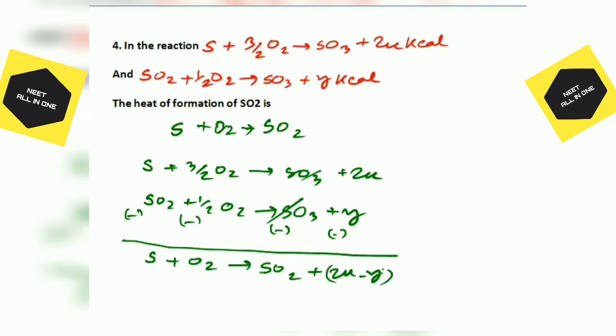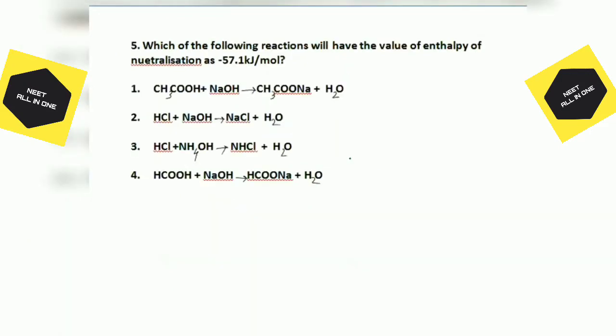So the heat of formation will be our answer, 2x minus y kilocalorie. Okay, so our fourth question is also done. Let's see the fifth question: which of the following reactions will have the value of enthalpy of neutralization minus 57.1 kilojoule per mole.